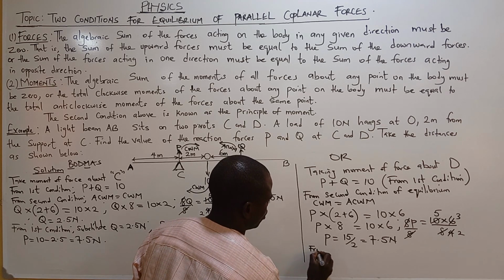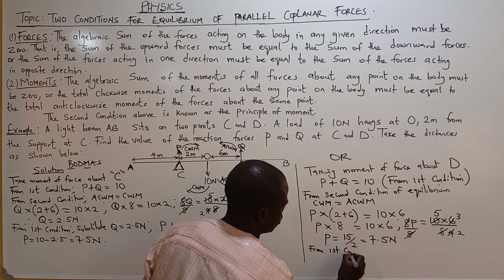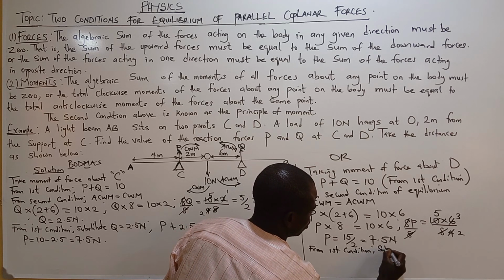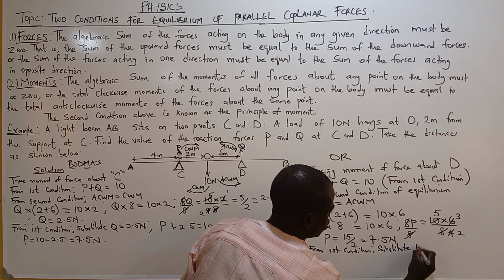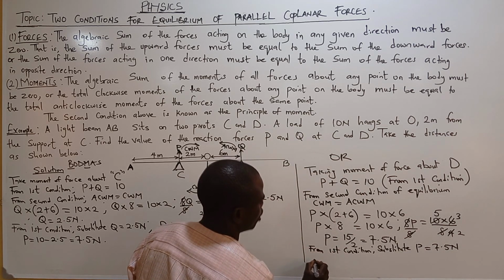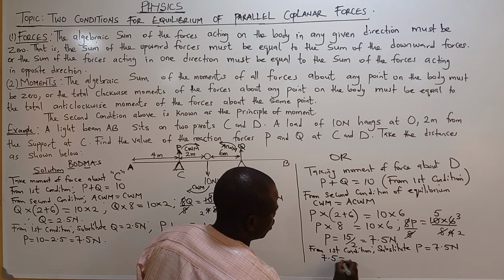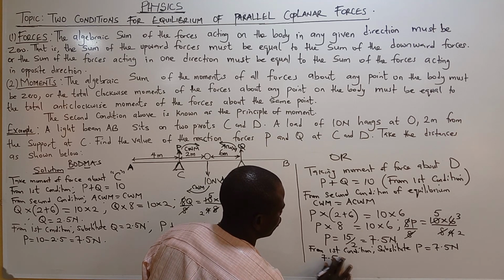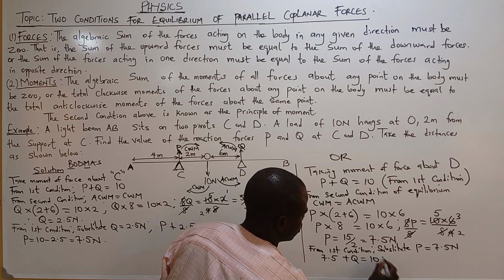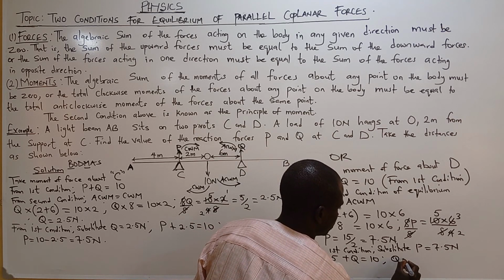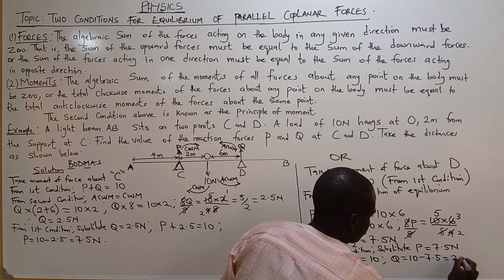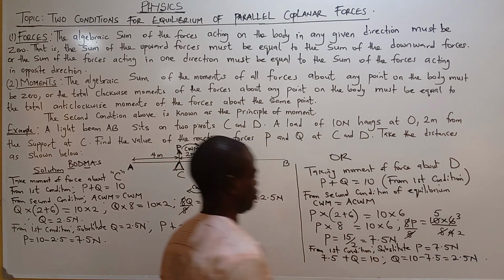From the first condition, substitute P equals 7.5 Newton. From there you have 7.5 plus Q equals 10. Now collect the like terms: Q equals 10 minus 7.5 equals 2.5 Newton.